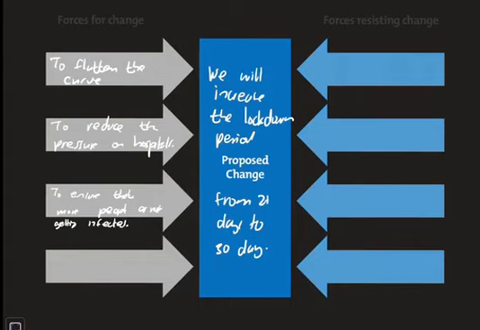Then the reasons as to why we should not increase the lockdown could be that people are not getting paid, so people need an income. Right, we have seen that there's been an increase in criminal activity, so perhaps a good reason for not implementing change is to reduce crime.